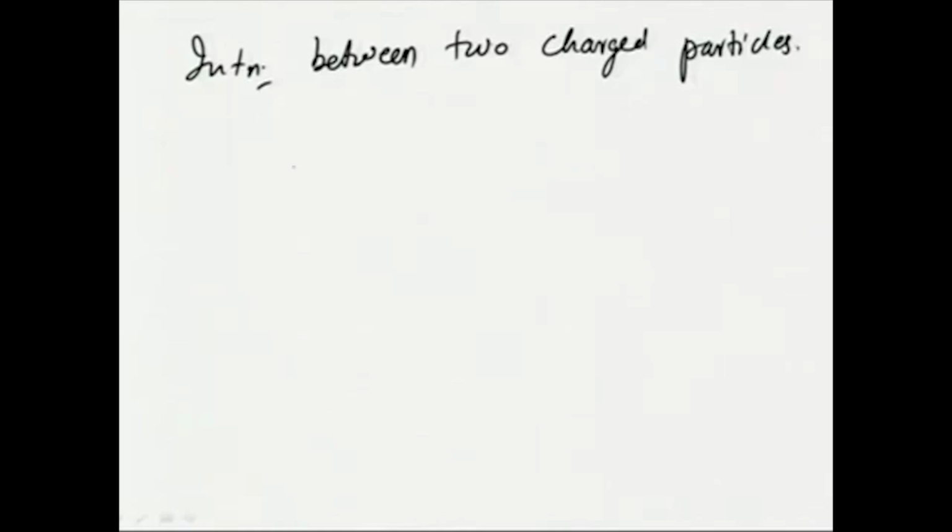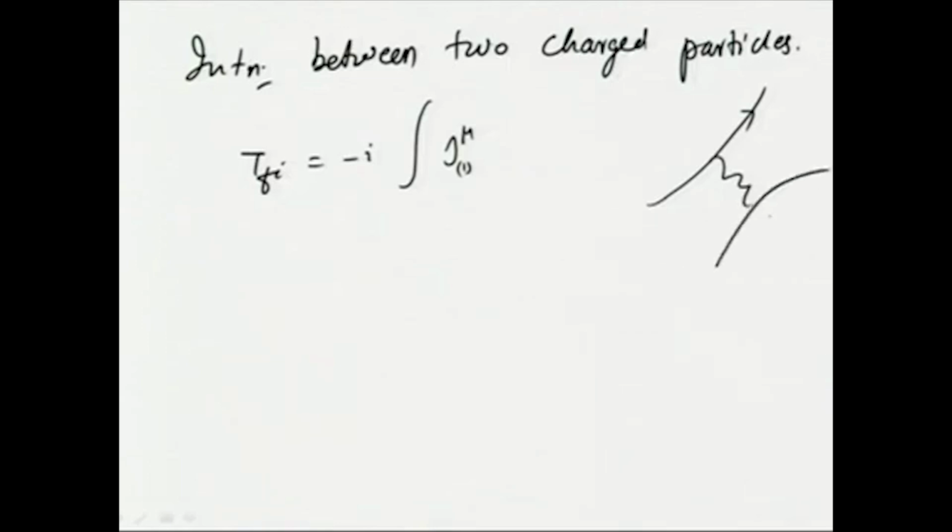In that case, I have T f i equal to minus i integral j mu of one particle interacting with the A mu caused by another particle.